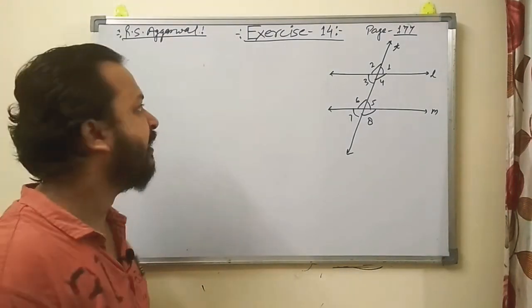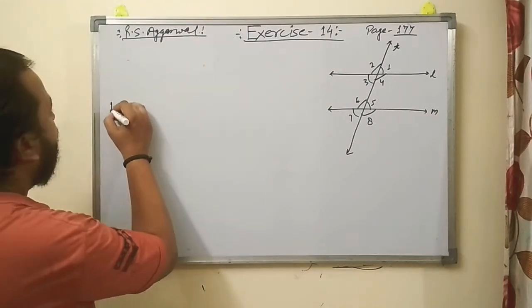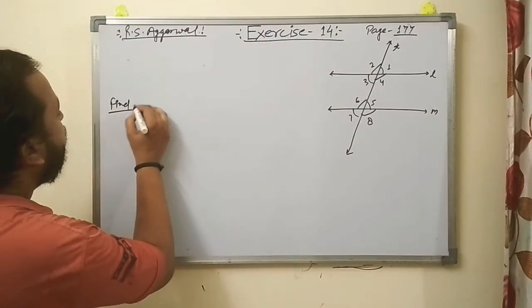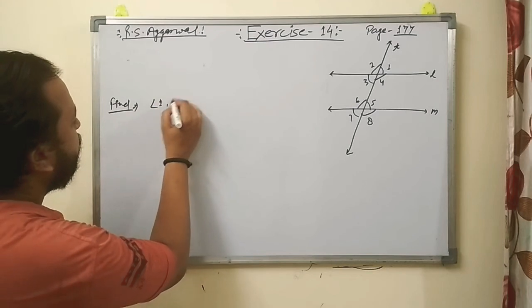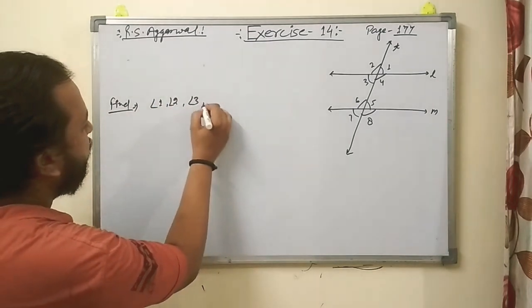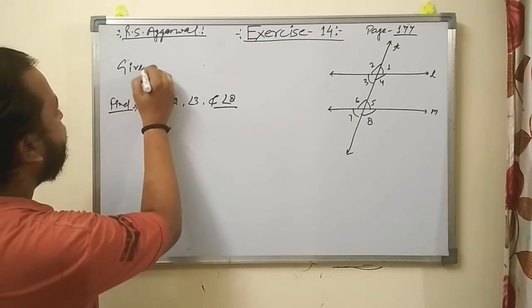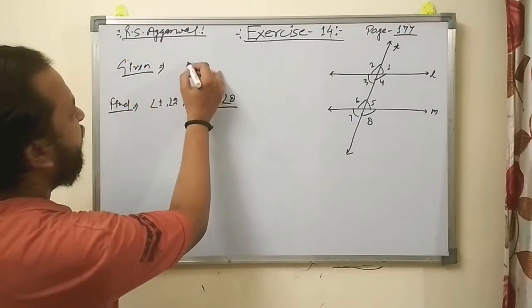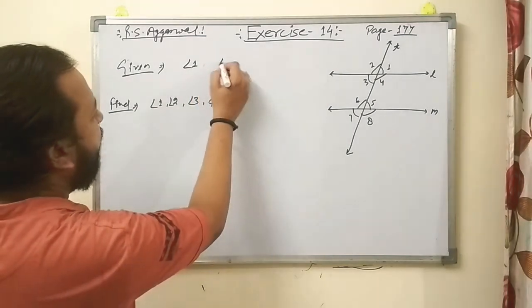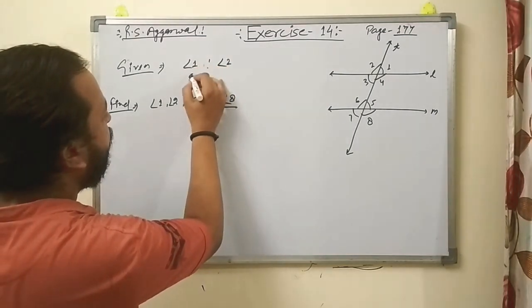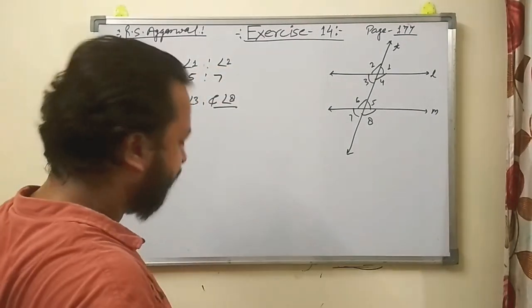So you have to find out the value of angles 1, 2, 3 and 8, and it is given that angle 1 and angle 2 are in the ratio of 5:7, right?